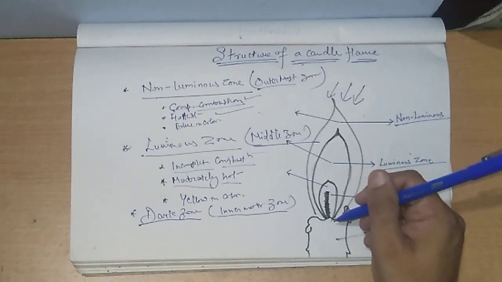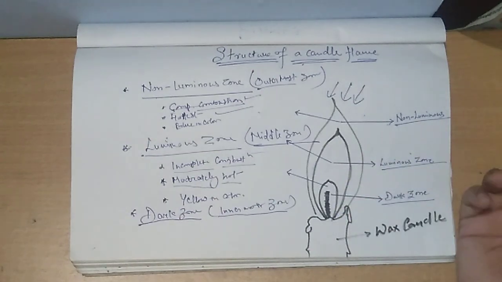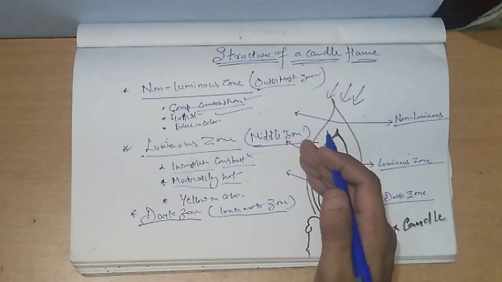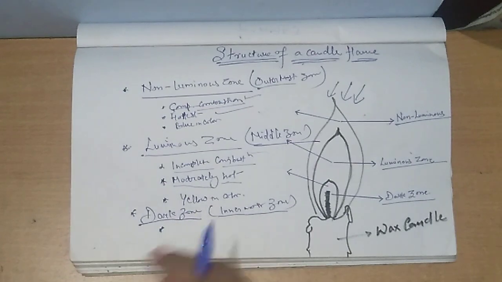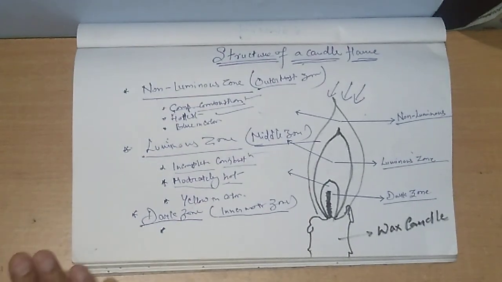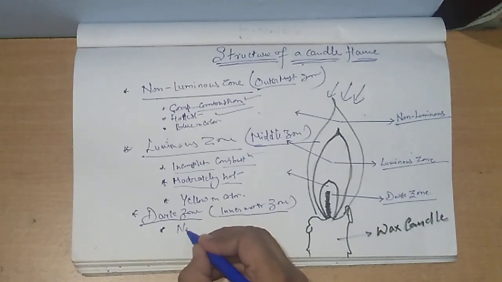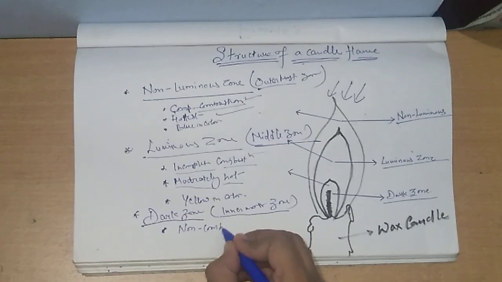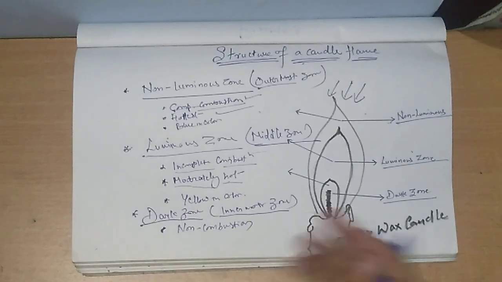So the dark zone is the region where there is no supply of air, because this is the innermost zone. So there is no supply of air, and no combustion, because there is basically no combustion in there. First of all, it is a non-combustion region.